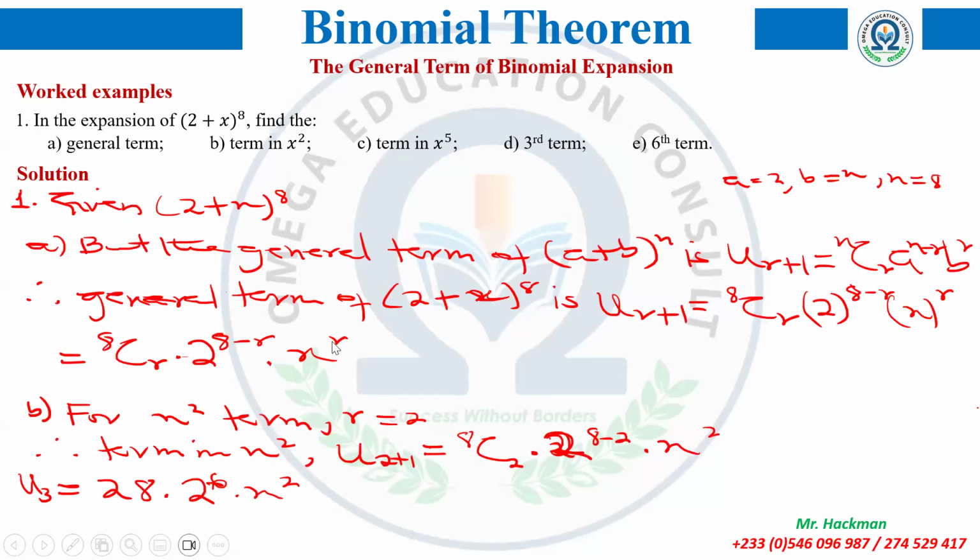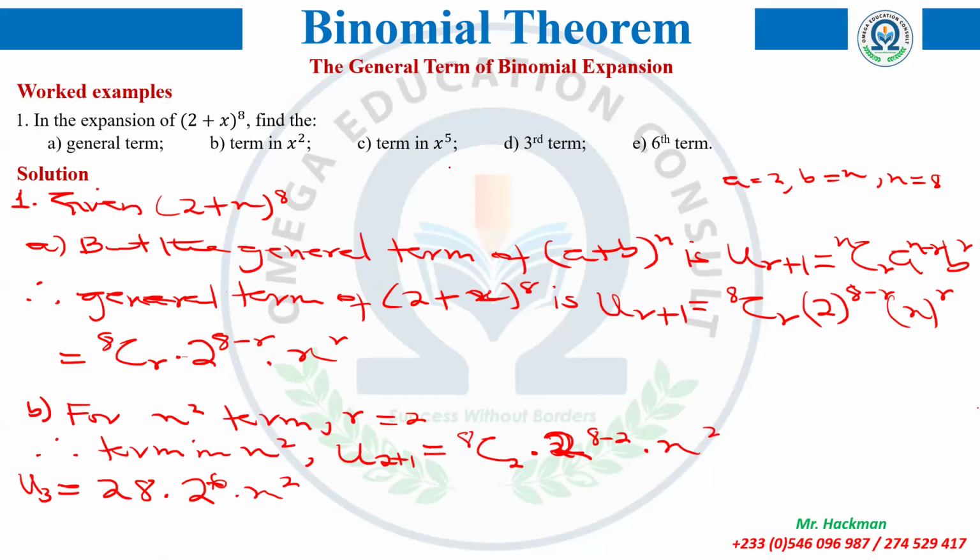The general formula, use the power of what? The x. Equate the power of your x to the power you are looking for, and solve for r. And the other one, when you are looking for positional, equate the sub of your U to the position.